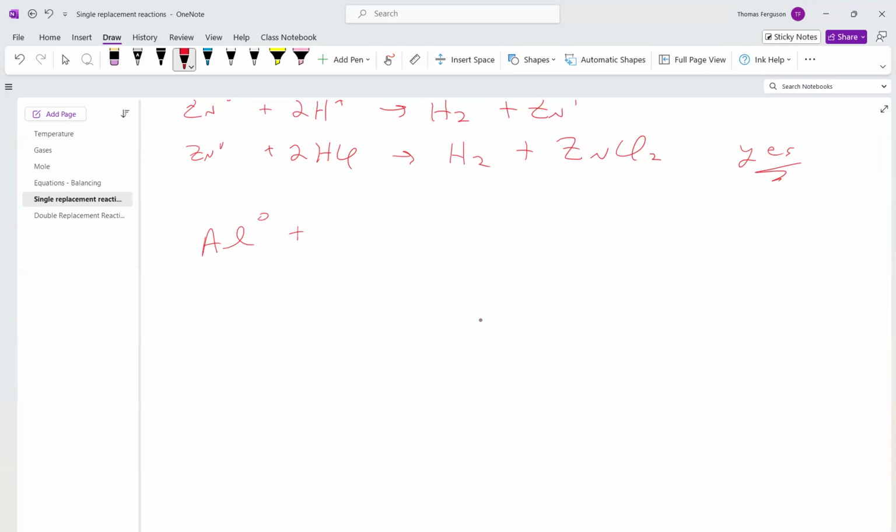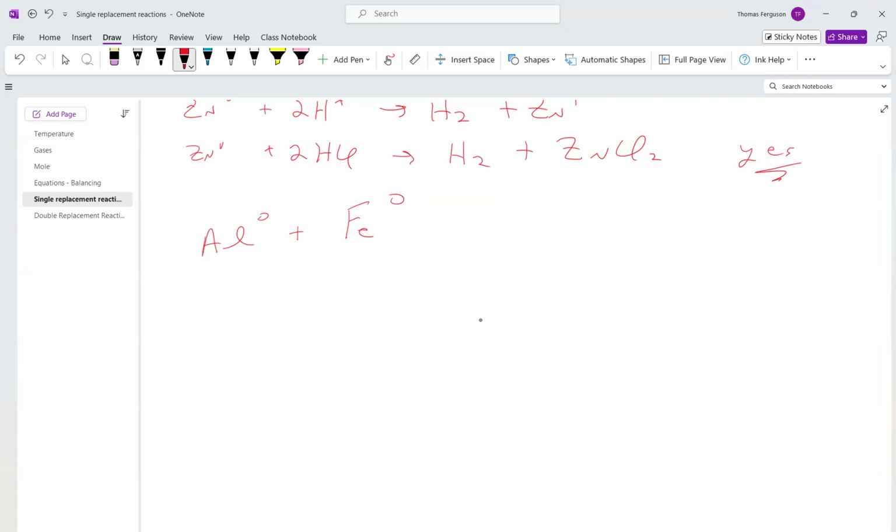Let's say you were desperate and you needed a bolt and it happened to be an iron bolt. What's going to happen to your iron bolt? Is it going to be turned into iron +2, or is it going to stay iron and the aluminum is going to be converted to aluminum +3?